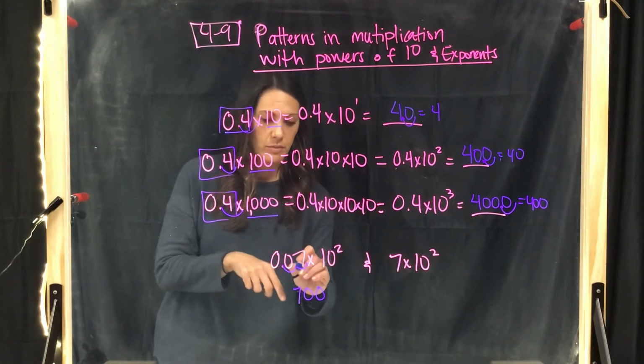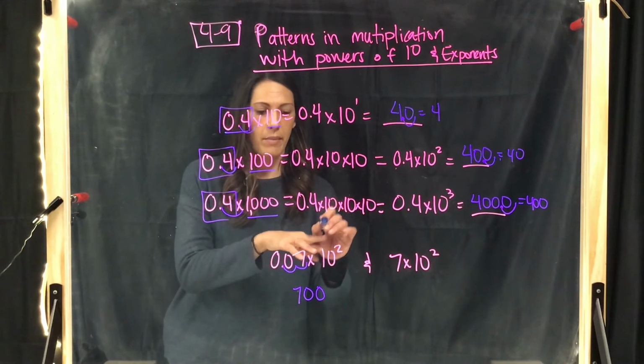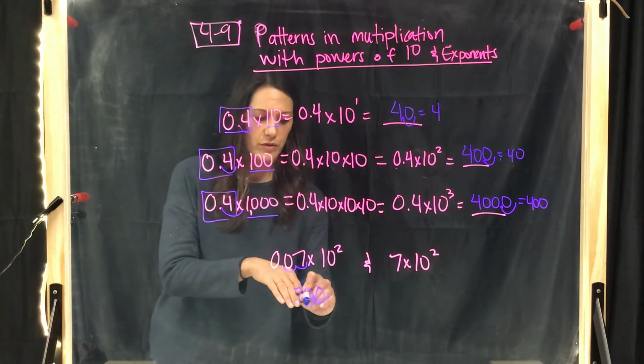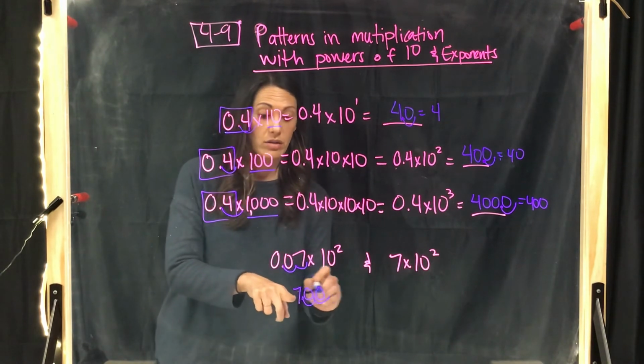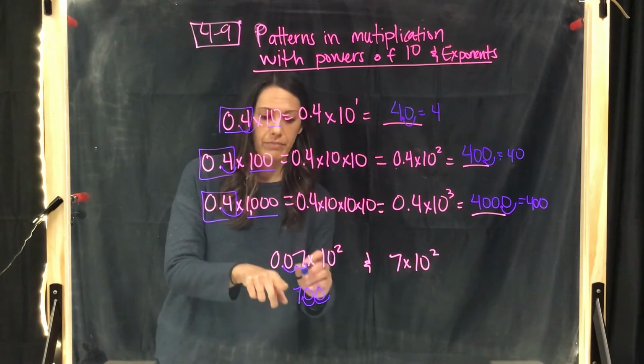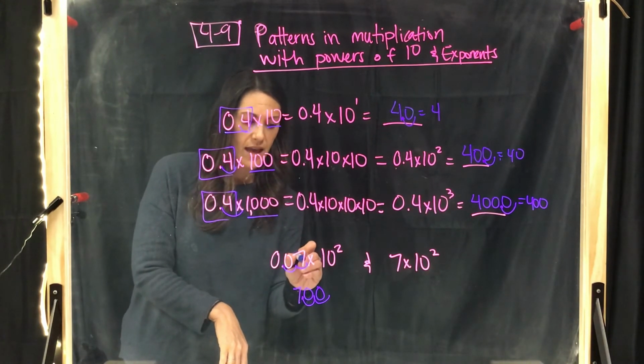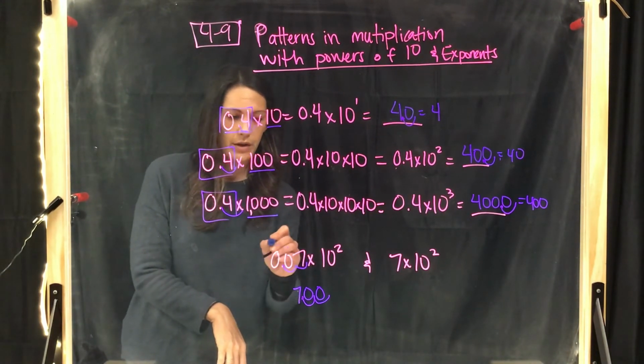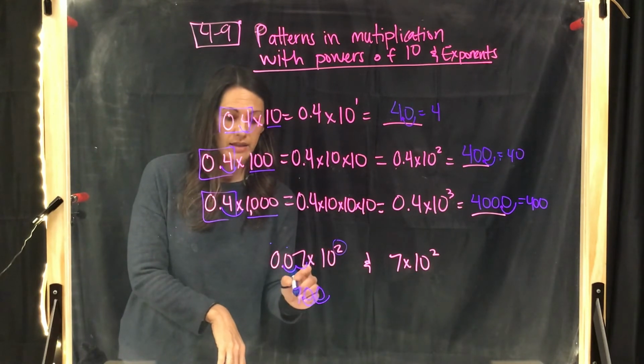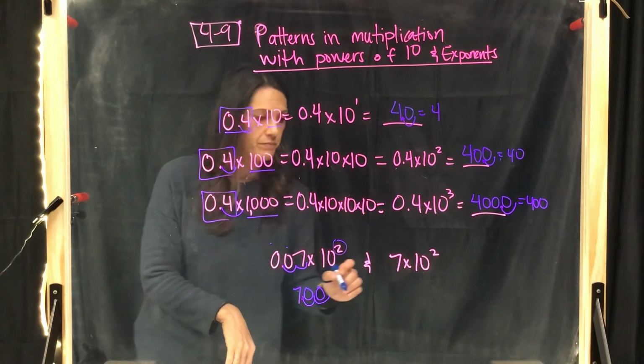Now it took 2 moves for the decimal to come out, so it's going to go 2 moves for it to come back in from vacation. So that just happens to be 7. The 7 used to be in the hundredths place, and it moved 2 spots into the ones place, okay?